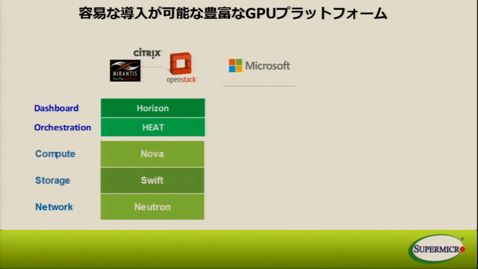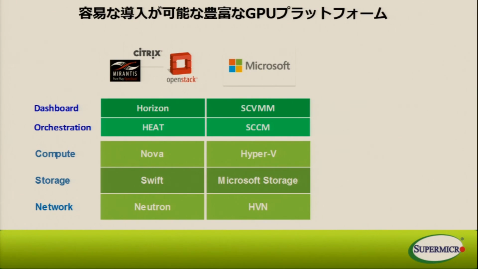There's also another solution coming from Microsoft, which uses SCVMM, System Center Virtual Machine Manager. You can configure your Hyper-V, Microsoft storage, and Hyper-V network virtualization, right? And you can also have VMware too.